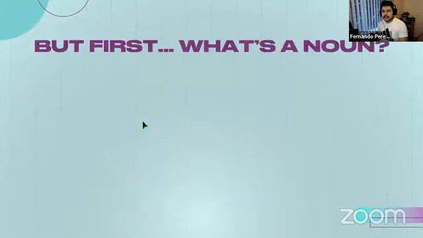Let's understand this very carefully. Give me an example of a noun. If you cannot make a definition, make an example. Okay.